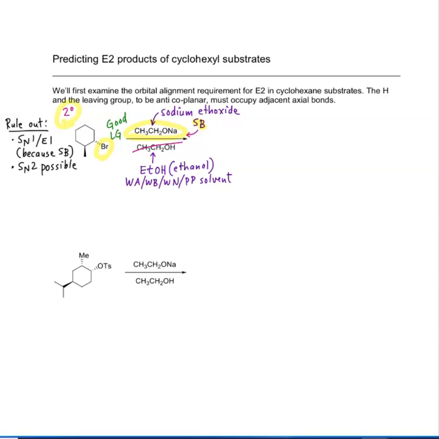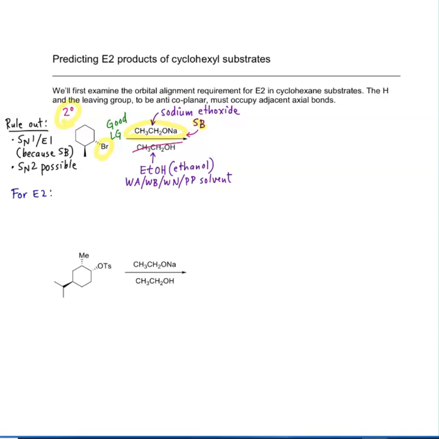So how do we predict this? To predict an E2 product, remember you have to have the molecule in the reactive conformation. That is to say, the beta hydrogen and the leaving group have to be anti to one another.